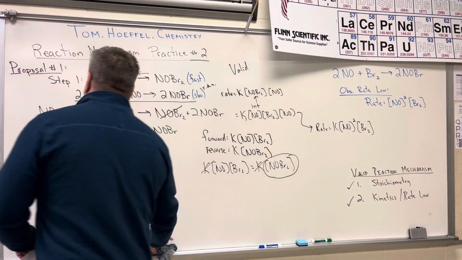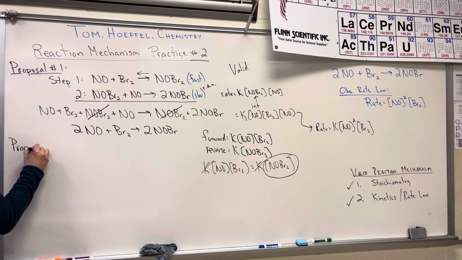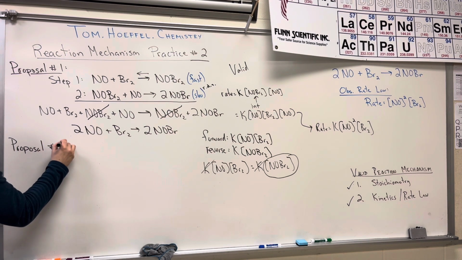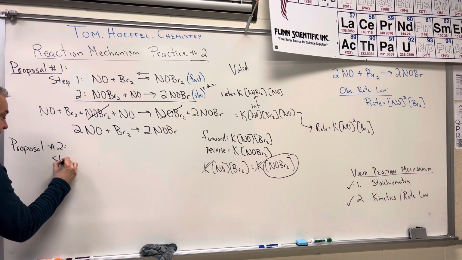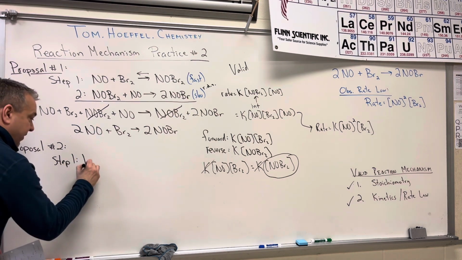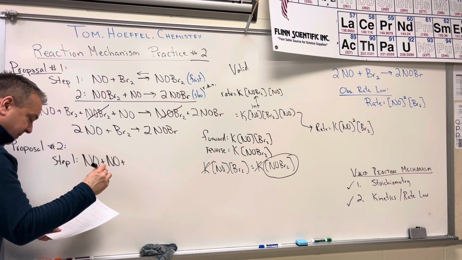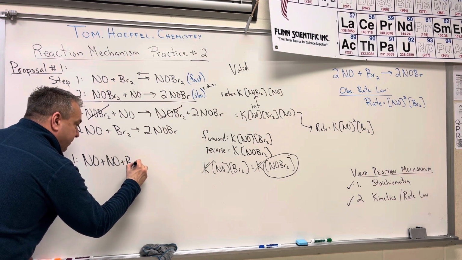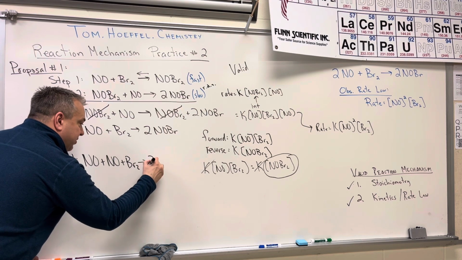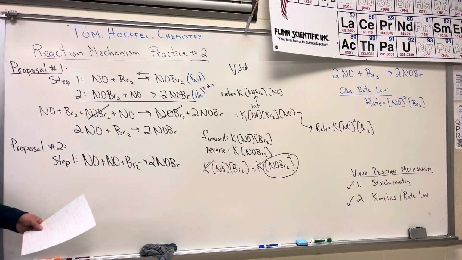Now, I want to do a second proposal. We'll call this proposal number 2, and it's a single step. There's only one step, and it's equal to NO plus NO plus Br2 yields 2 NOBr.